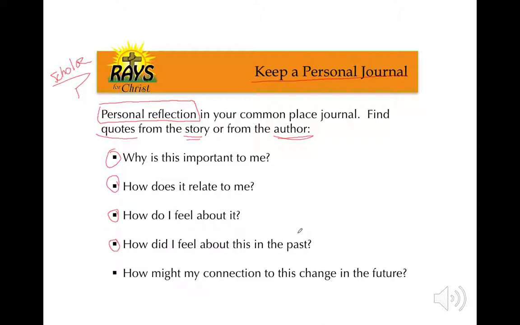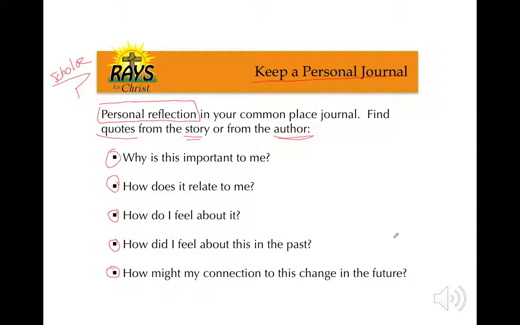What about the whole notion of this being an allegory for slavery, and the old man was actually a nation that's enslaved in the concept of the institution of slavery? You could go there. How might my connection to this change in the future? What about murder?